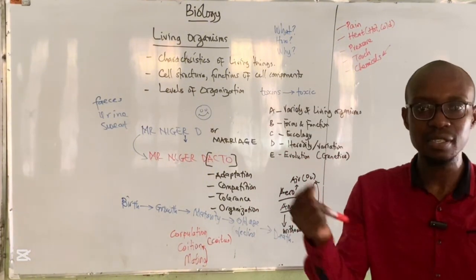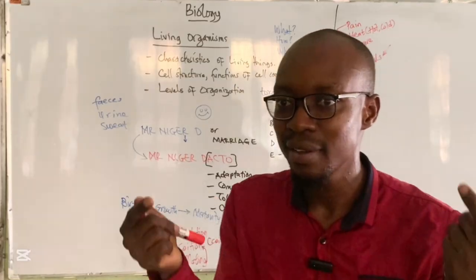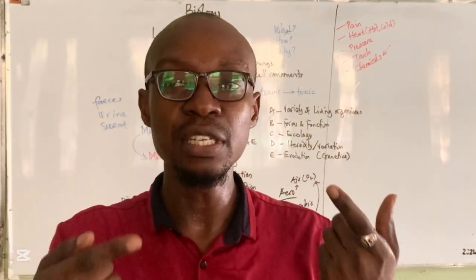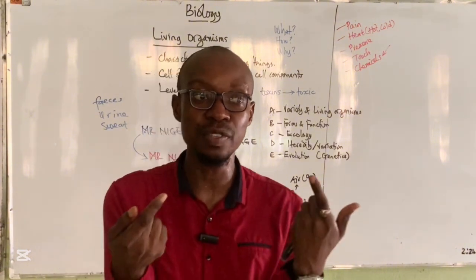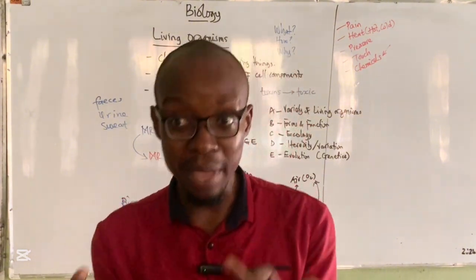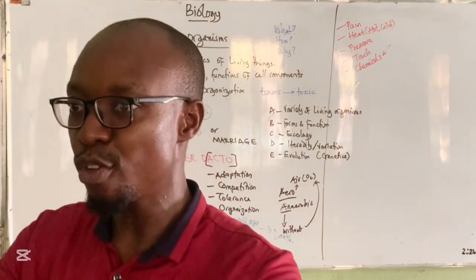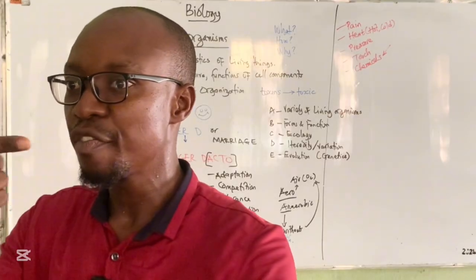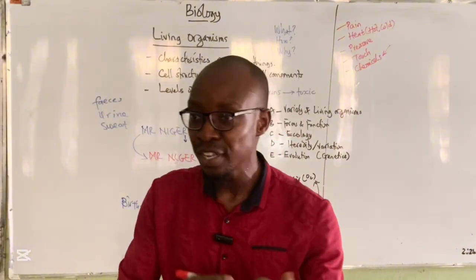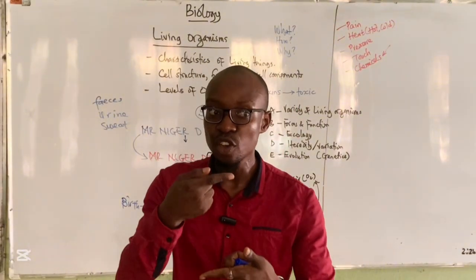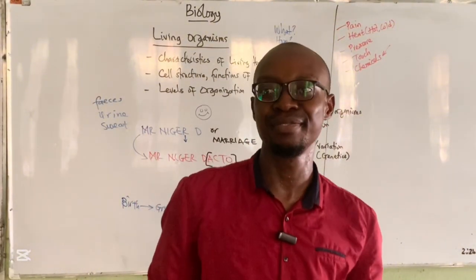Coitus simply means the male genital coming in contact with the female genital, so that there could be an exchange of sex cells or gametes, which will in the long run lead to fertilization. And when there is fertilization, there is what is called conception.